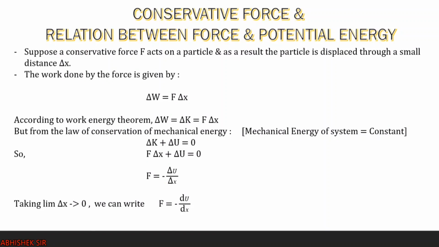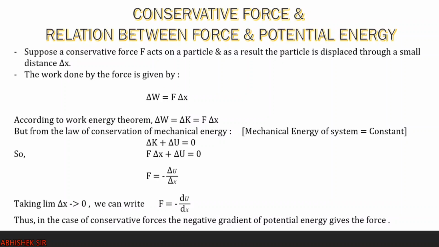So we can write F equals minus dU by dx. Now see here, this formula is relating force, conservative force, and change in potential energy, right? So we can conclude that in the case of conservative forces, the negative gradient of potential energy will give the force.